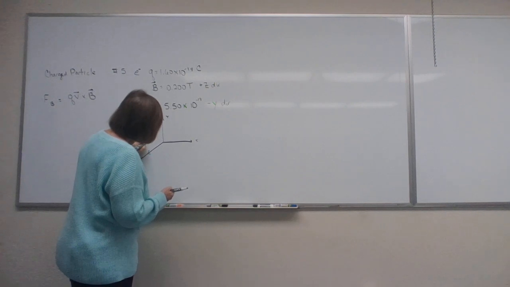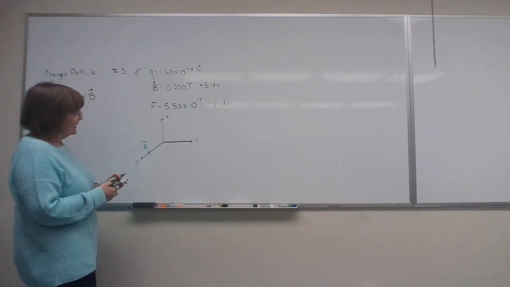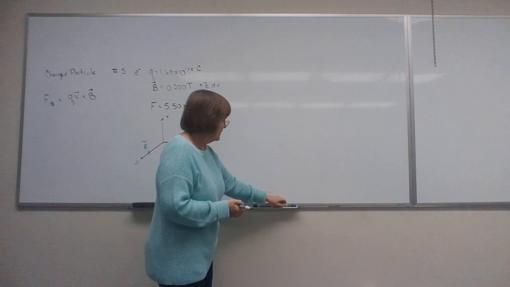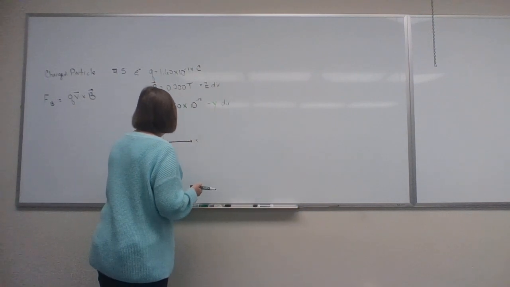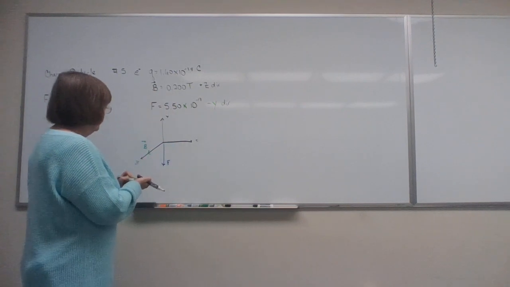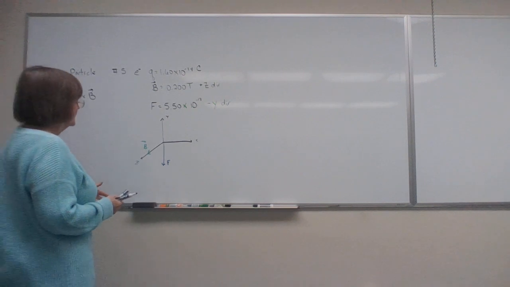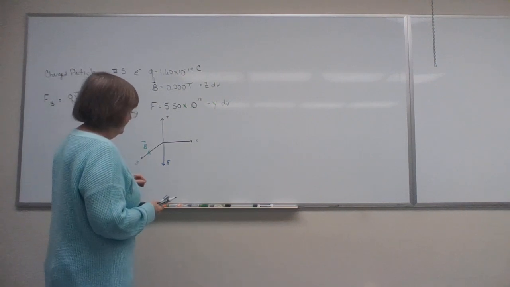There's my B. The force that it feels is down. So my force vector is in the negative Y. And all it tells me about the velocity is that the velocity is in the xy plane.